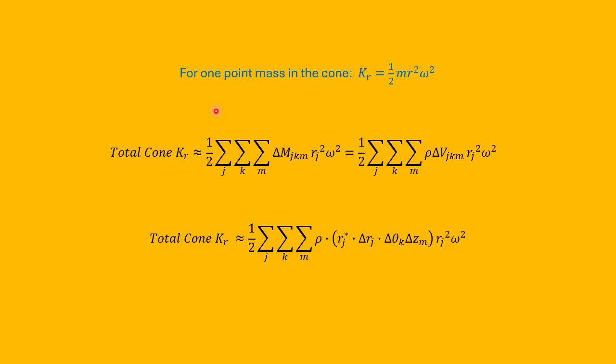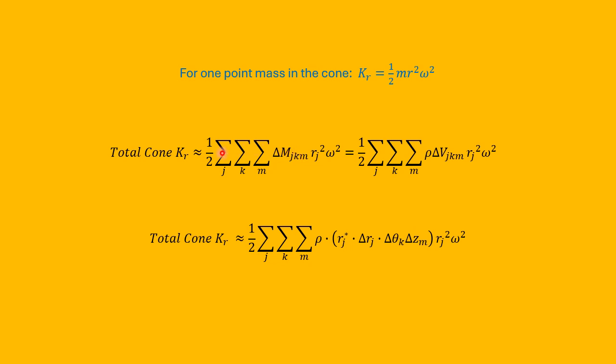So to get the total kinetic energy of rotation for that cone, we would add up the kinetic energies of all the little sub-elements, sub-volumes that we have in that cone rotating about the axis of symmetry of that cone.